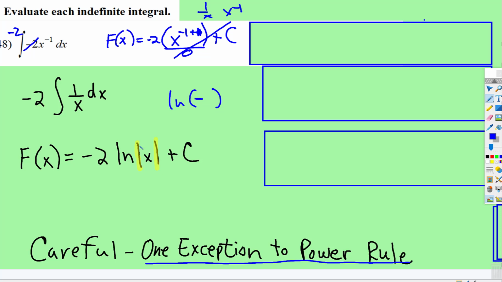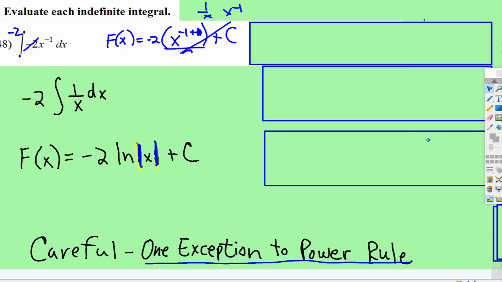And so the way to communicate that to the reader is by saying, oh yeah, the antiderivative, or integral, is -2 natural log of x, but only when it's the absolute value of whatever that function is. Because if that function turns out to be a negative, then it wouldn't work. So it has to be the positive version. So there you have it.